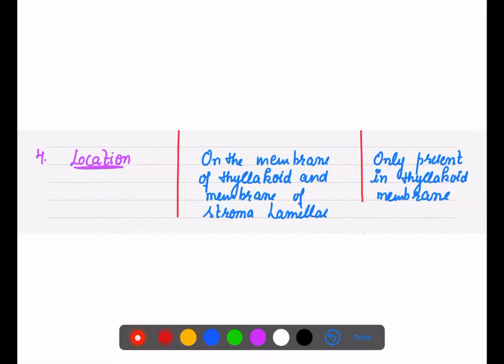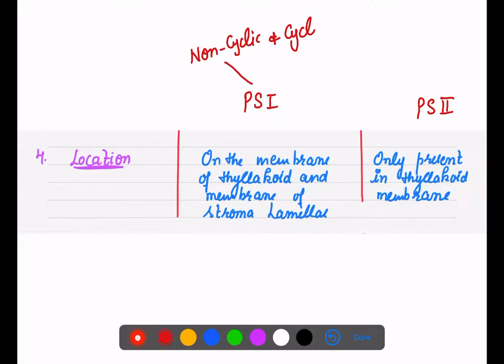Location, if we say that, see now this is photosystem 1 and this is photosystem 2. Try to understand this. Now photosystem 1 is involved in both non-cyclic as well as cyclic photophosphorylation. If I ask you the location of non-cyclic, it takes place in the thylakoid membrane.